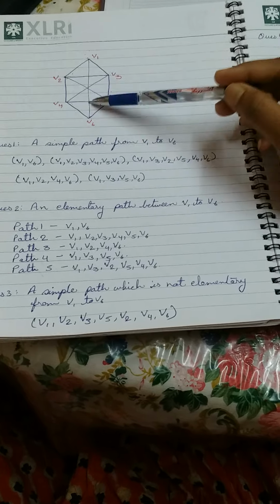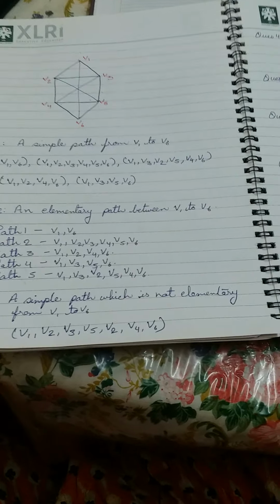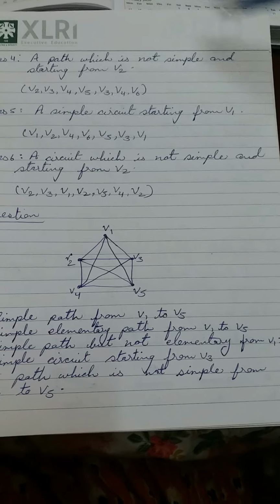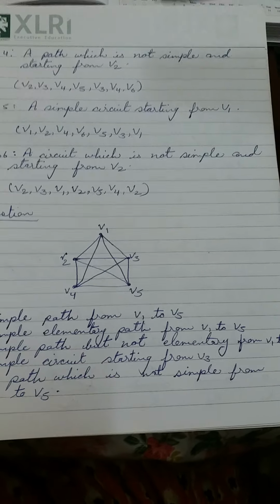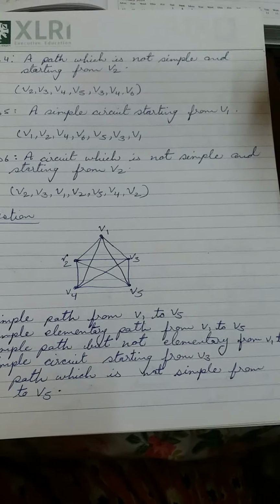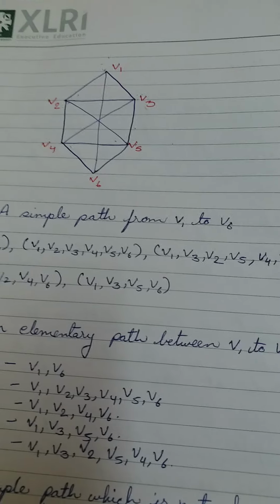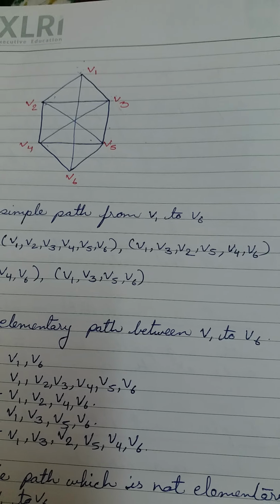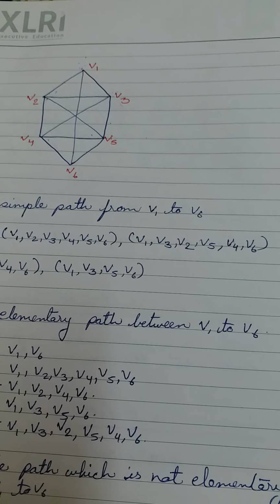That means it is not elementary. Fourth question is a path which is not simple and starting from V2. So, in the diagram, you see V2, V3, V4, V5, V3, V4 and V6.